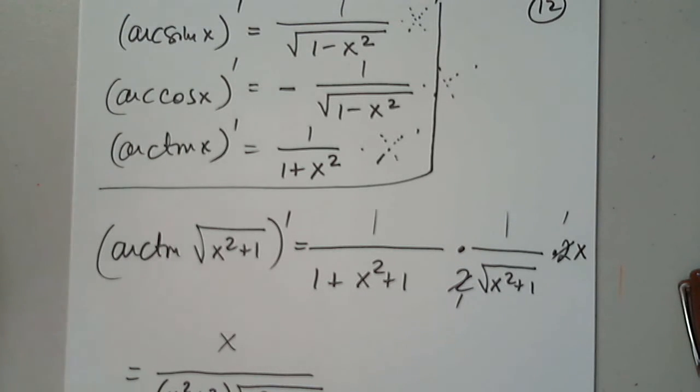So only arcsine, arc cosine, and arctangent. That's all I need. If I want anything else, I'll have to give you the formula. I'm not expecting you to memorize anything but these three in the inverse trig functions.